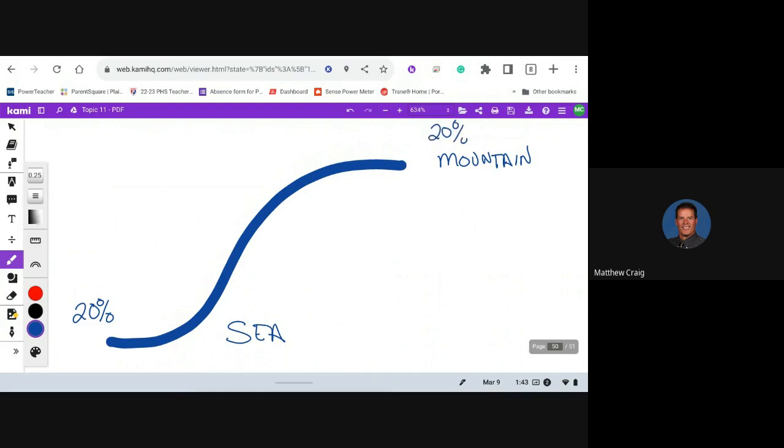Very good. The percent is the same. However, the amount of air particles is a lot less. So we don't have as many air particles. So maybe we have 5 air particles up there. Up here, we're not going to have 5 air particles. Maybe 2.